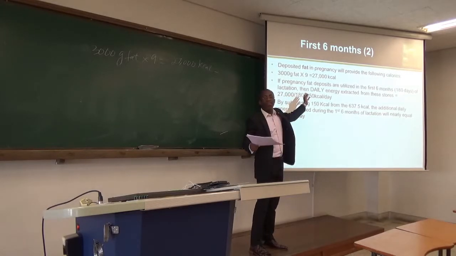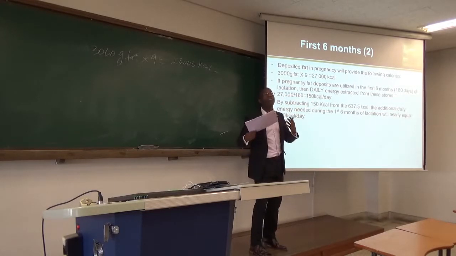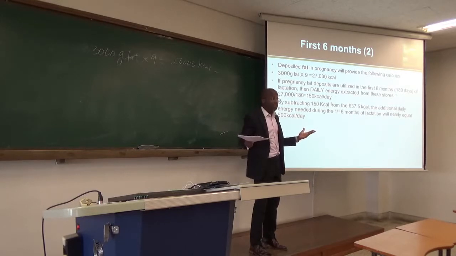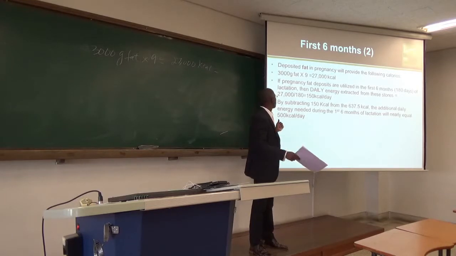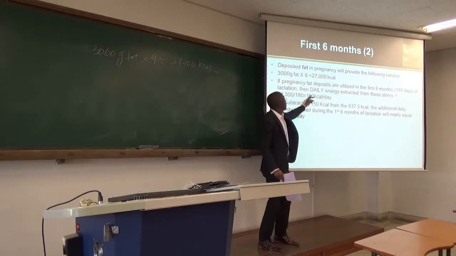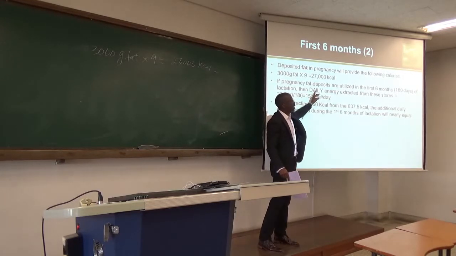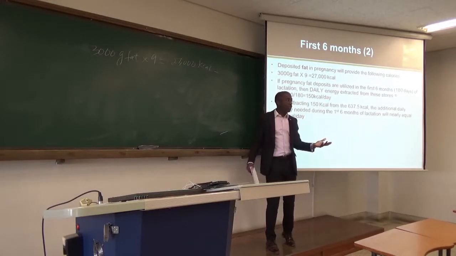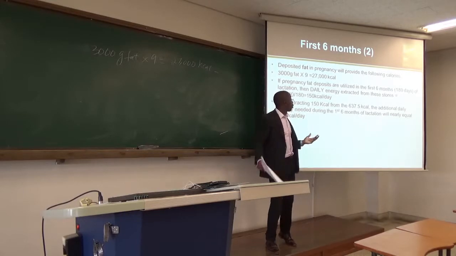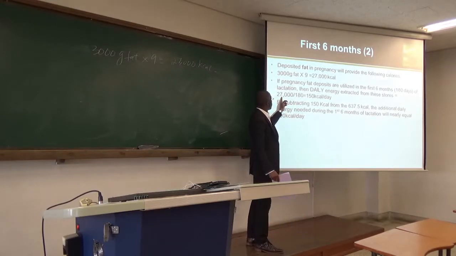180 days of lactation means that the mother is breastfeeding for 180 days, every single day. So then the daily energy extracted from the stores, meaning energy from the mother. Extracted, we remove from the mother. What is it going to be?